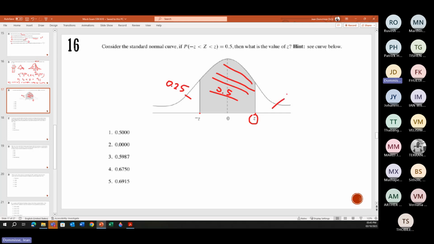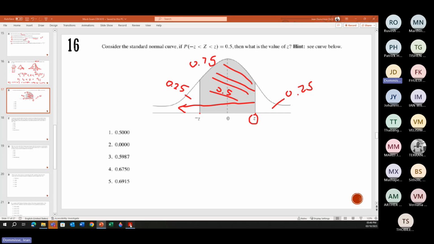Here's also going to be a 0.25, but we're not going to work with this one. So we can look at this area where it is 0.75. So then we reverse the result. So that's spot on. We reverse it.